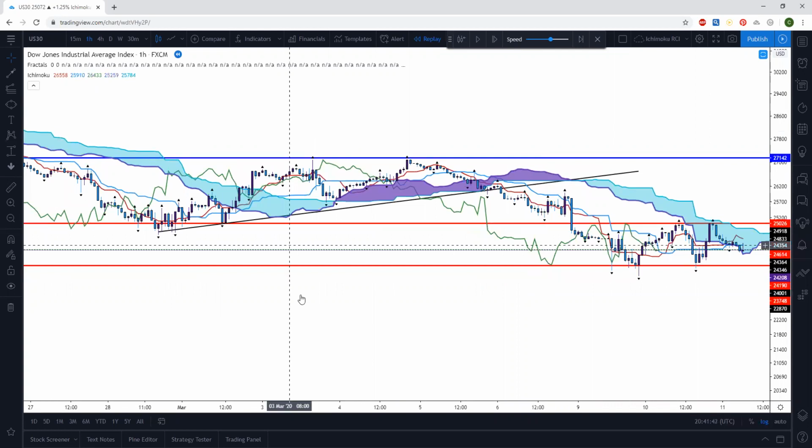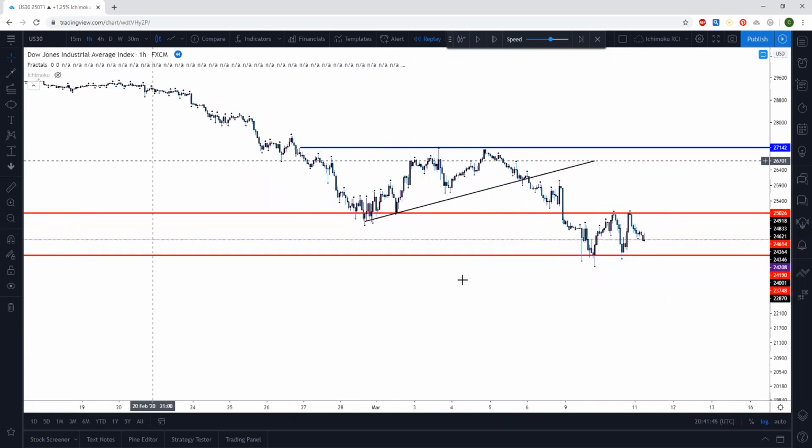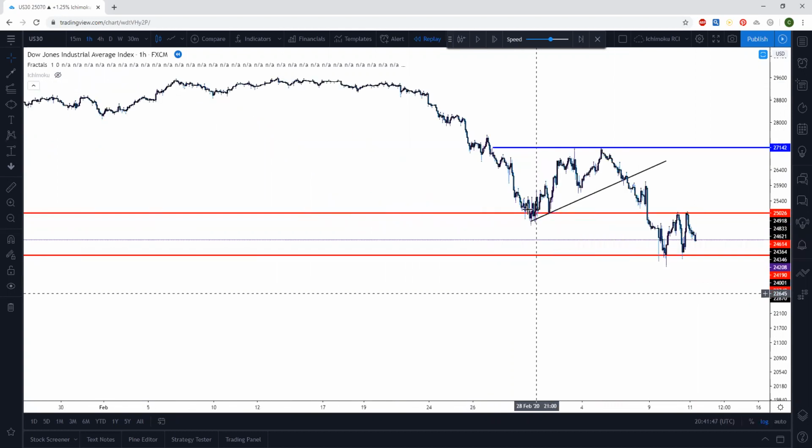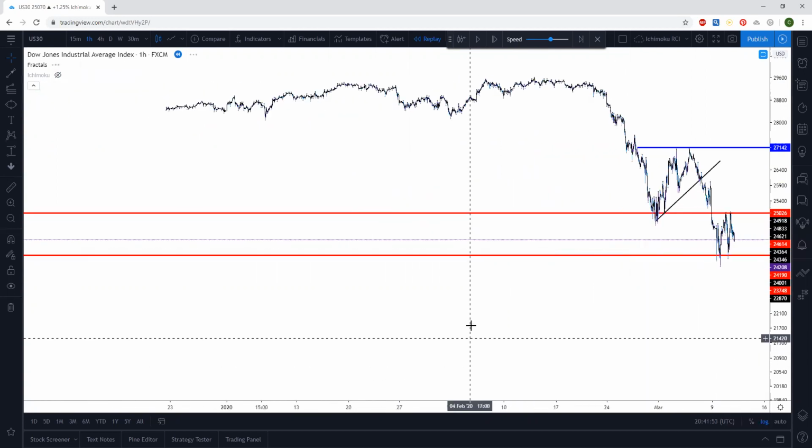Here's my take on this, because if we zoom out even more, let's go ahead and take this off. If you look back, this is actually a support. Well, it was support.